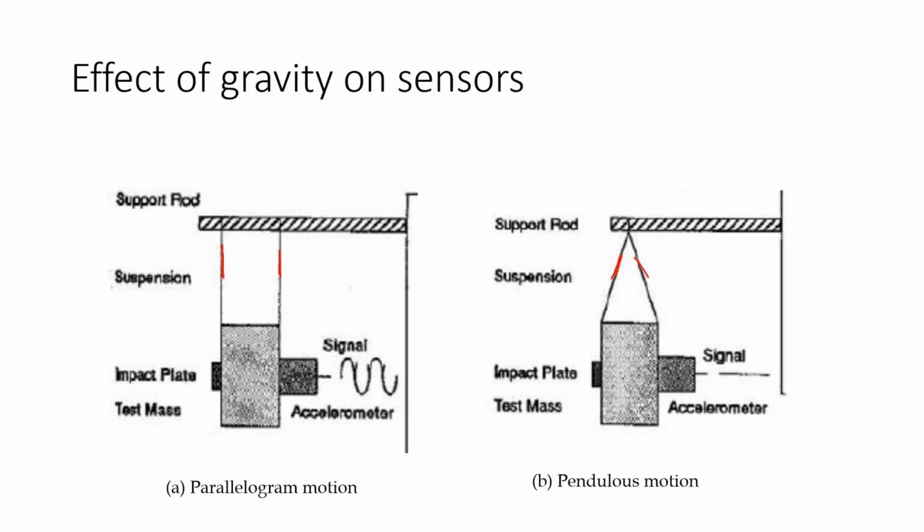So here in configuration A, we have a parallelogram motion, and in configuration B a pendulous motion, where the strings are simply tied differently. We're going to see that the accelerations that result from the measurements we get from the accelerometers will be completely different, just because of this tiny change in how we attach our suspension to the support rod.